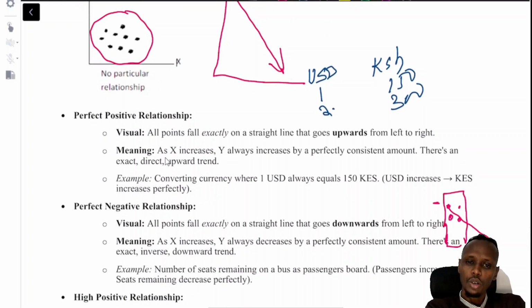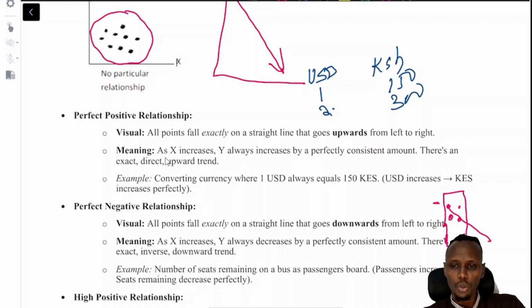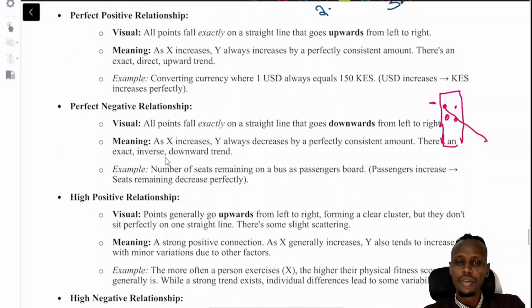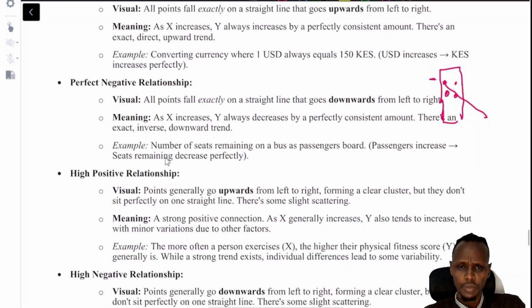For example, you are in a matatu or a bus: as someone sits, the number of empty seats reduces. As people enter the matatu, one by one, it reduces until it goes down. So this is downward from left to right. That is a perfect negative relationship.